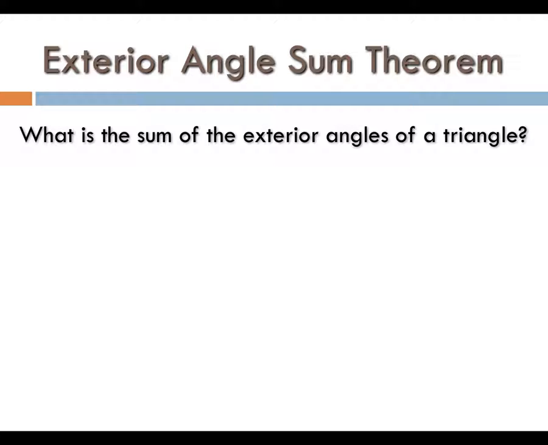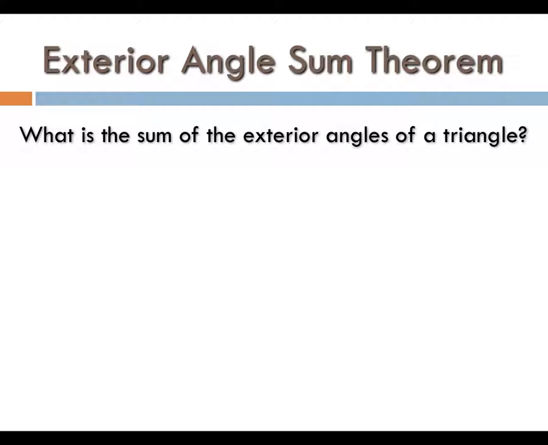First of all, how big are the angles in a square? 90 degrees. So therefore, how big would all the exterior angles be? 90 degrees. And if I add up all those exterior angles, what do I get for a total? 360, because 90 times 4 is 360.